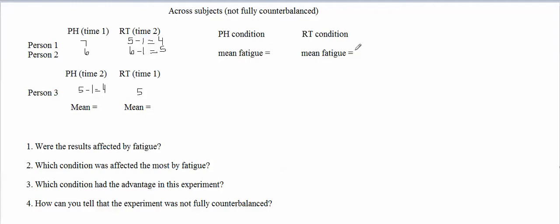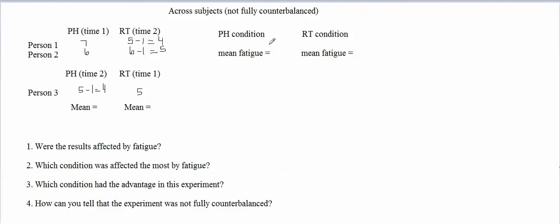If the two numbers are different, then this answer is yes. And then for question 2, you would just tell me which condition had the higher fatigue average. This says what condition had the advantage in the experiment. Well, if these two numbers are different from each other, then the condition that had the advantage is the condition that has the lowest fatigue.